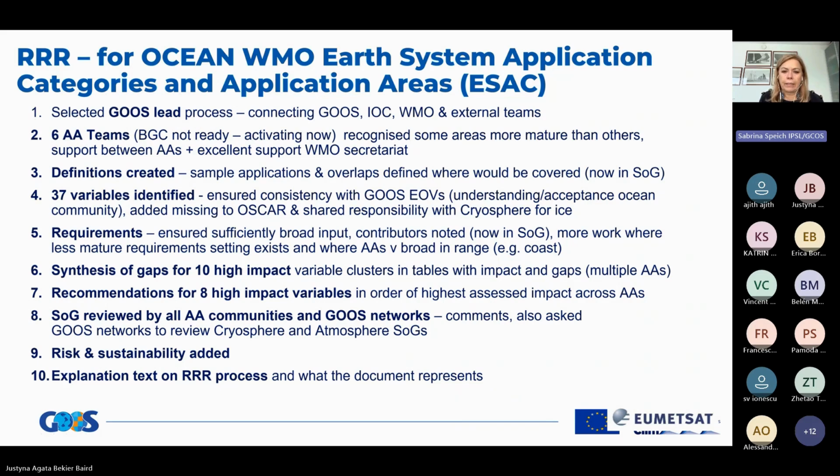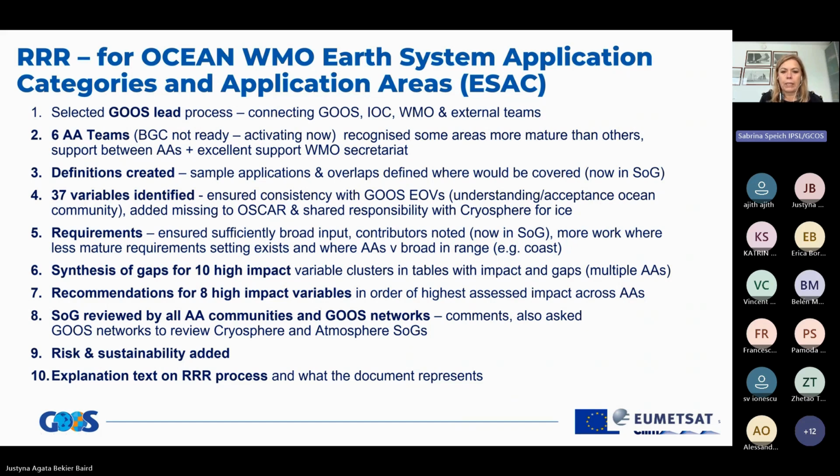They have created a definition, sample applications, and overlaps defined that would need to be covered. They identified 37 variable requirements, and a synthesis of gaps for 10 high-impact variable clusters, which I will show.